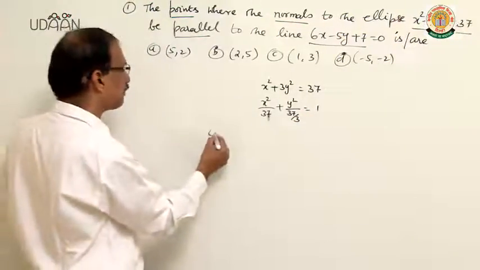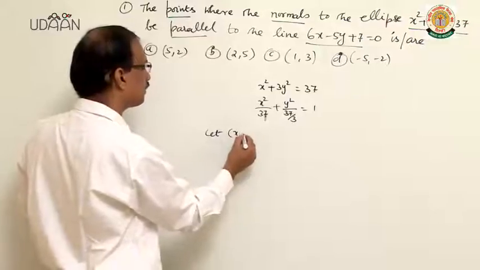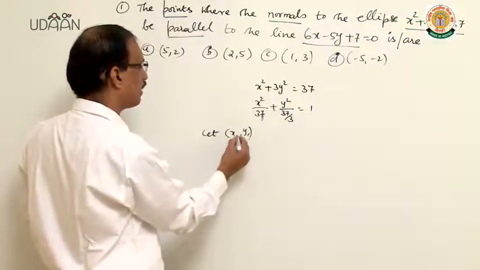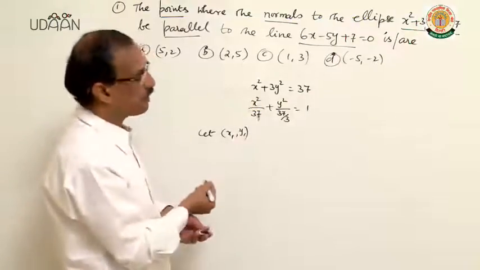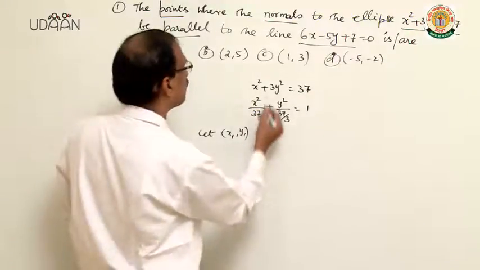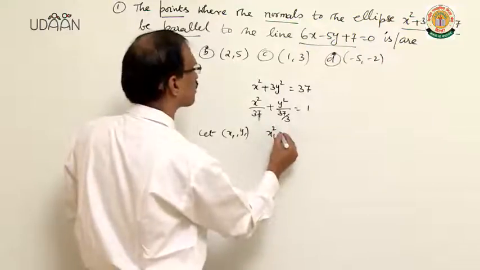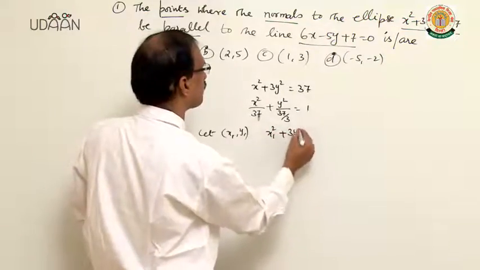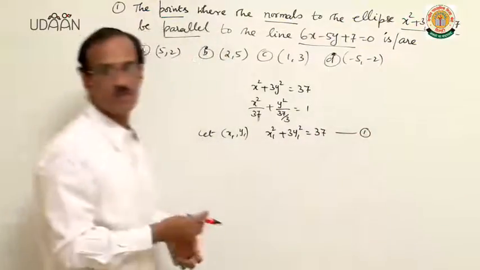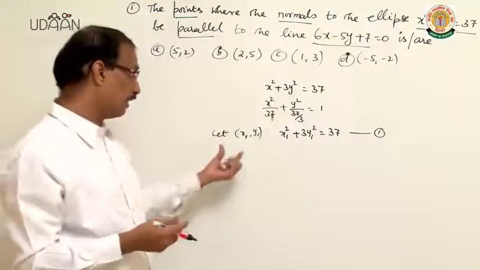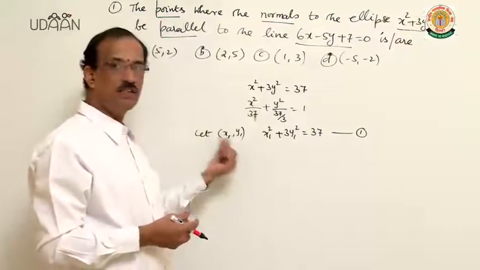Let x1, y1 be any point on this. Then it satisfies this, so x1 square plus 3y1 square equal to 37. Take this as one equation. We are going to find the coordinates of this point.